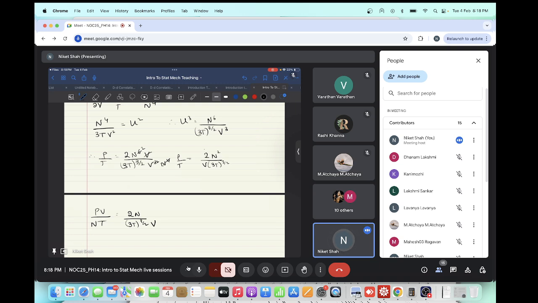This is V square, right? Okay, so there's not just V. So V square remaining.